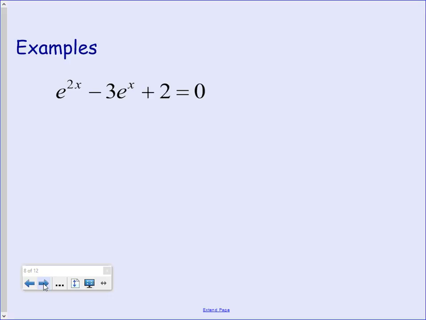Okay, next one. e to the 2x minus 3e to the x plus 2 equals 0. Now this is one where those e to the 2x and e to the x are really different terms, right?